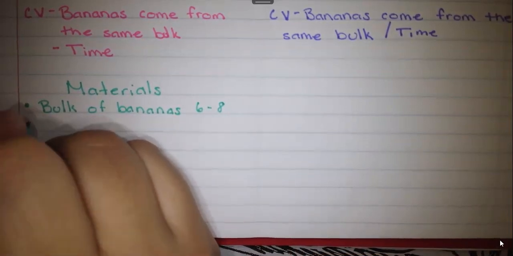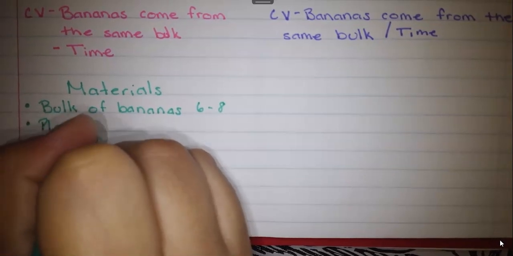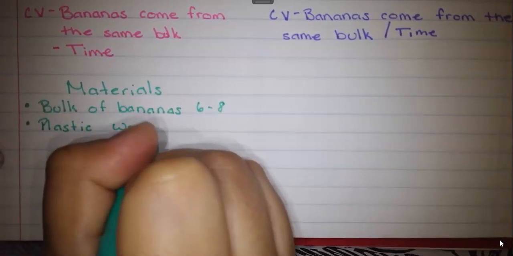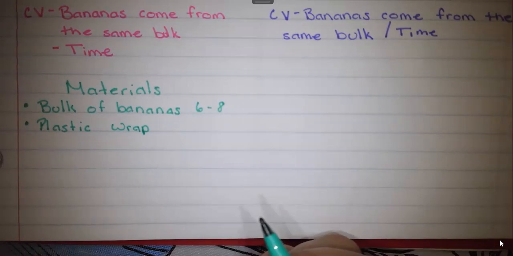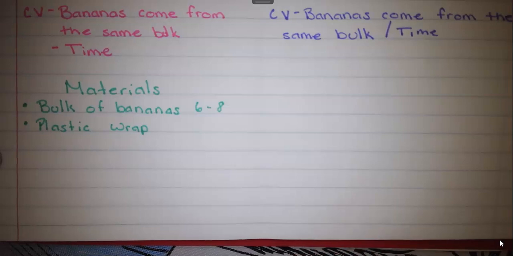You're going to need plastic wrap. And well, pen, pencil, paper, so that you can take notes and observations and counting, and just know what day, how many days you're observing this for.